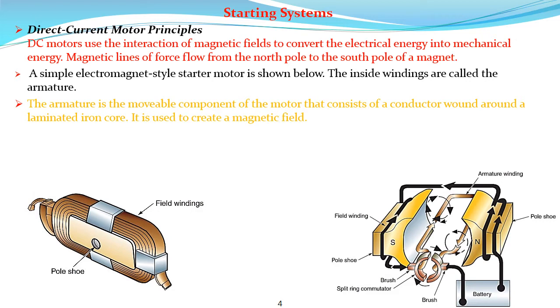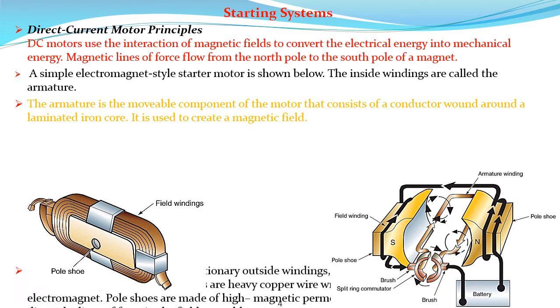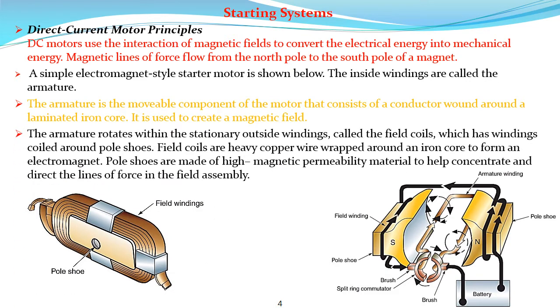It is used to create a magnetic field. The armature rotates within the stationary outside windings, called the field coils, which have windings coiled around pole shoes.